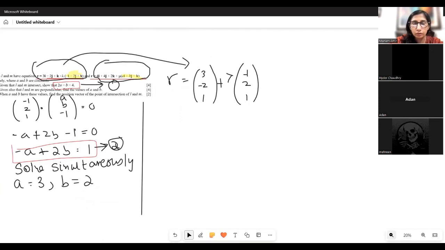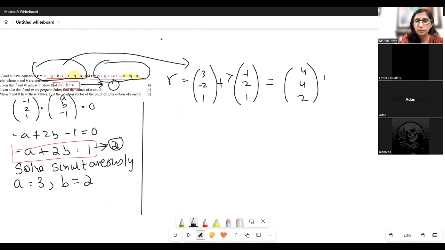Okay. So equate it to the other equation, which is 4, 4, 2 plus mu times A, B, and -1. A is 3, B is 2, and -1 is just -1.